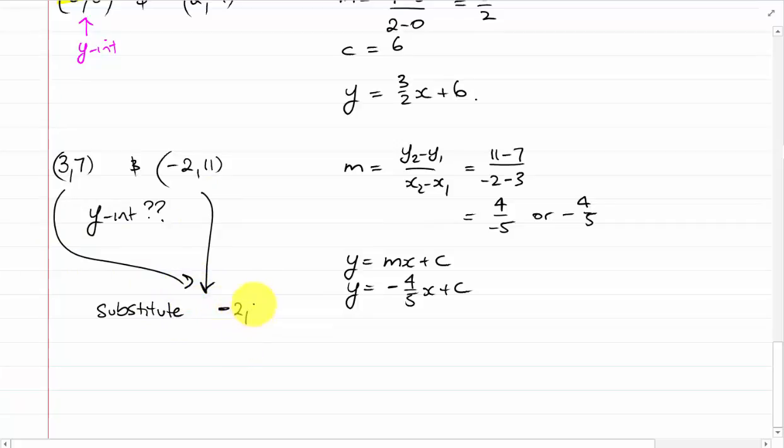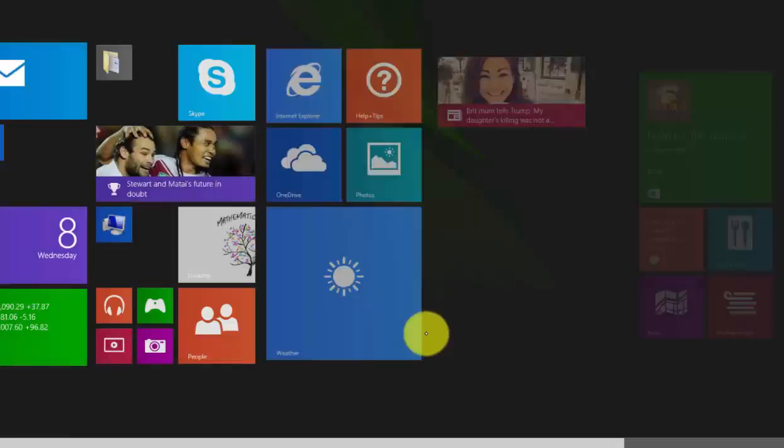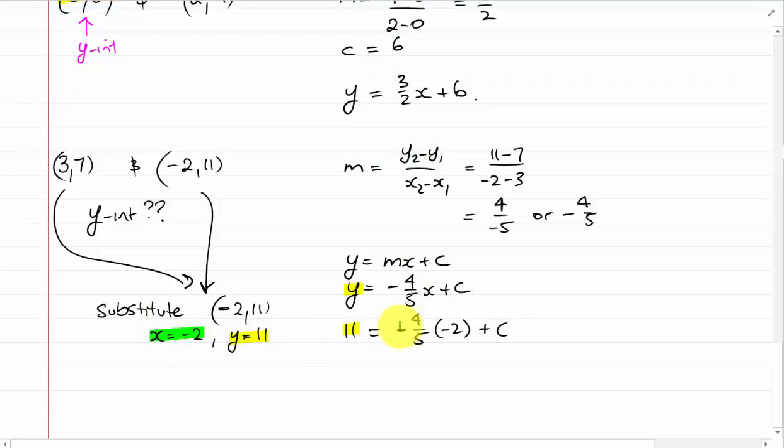So I'm going to substitute (negative 2, 11), which means that x is equal to negative 2 and y is equal to 11. I know that this function needs to work at this point, so this will give me a solution for c. So I swap y for 11, and x is negative 2, so I swap x for negative 2.